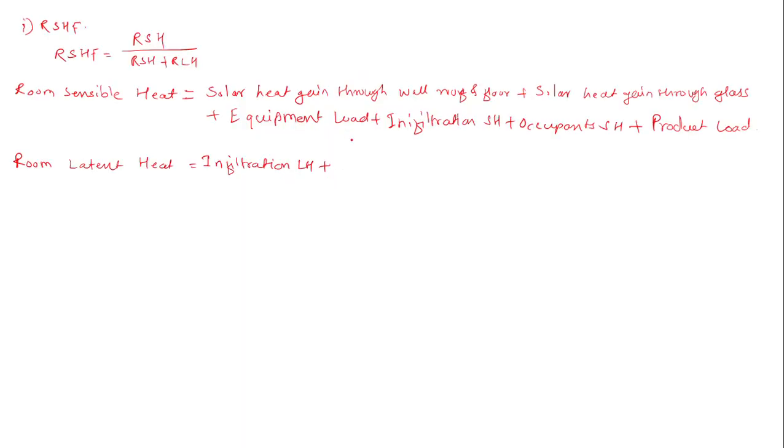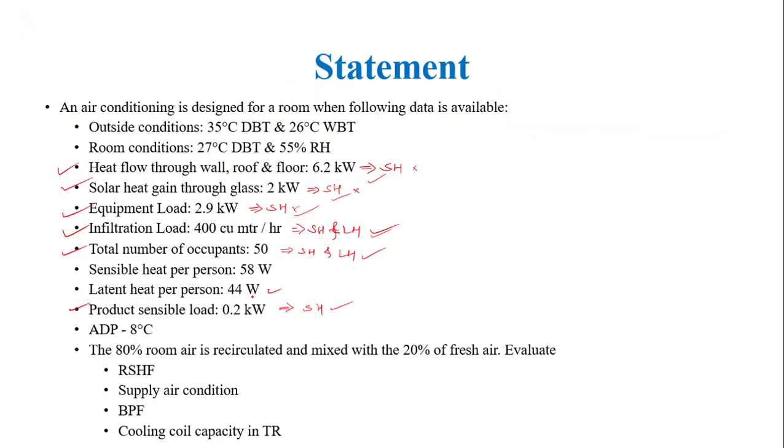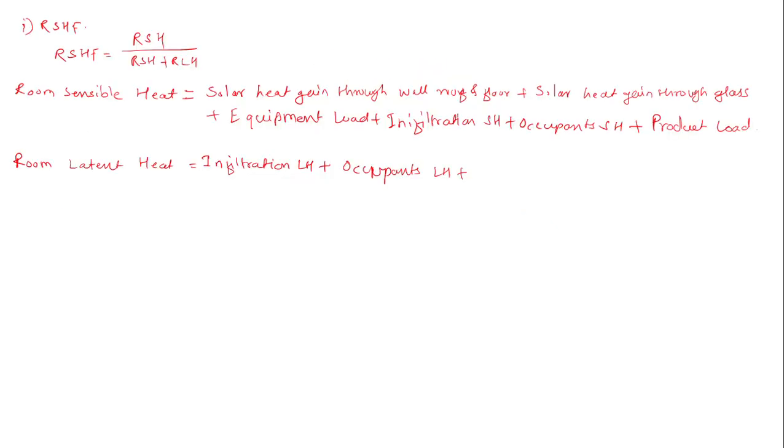The product load is sensible, fine. So that's it. I'll have the infiltration latent heat and occupants latent heat, nothing else will come under the latent heat, fine. Now we will just go on calculating each and every parameter over here.